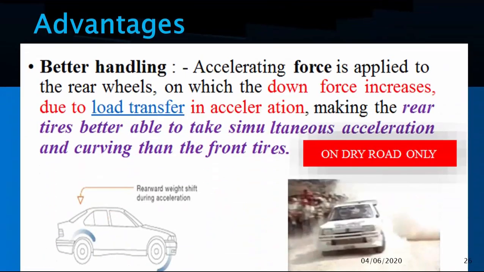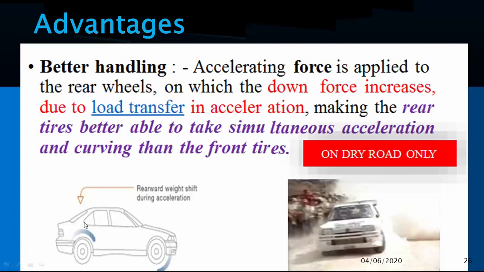Advantages: better handling on dry road only, because accelerating force is applied to the rear wheels on which the down force increases due to load transfer and acceleration. So you can see here rearward weight shift during the acceleration.